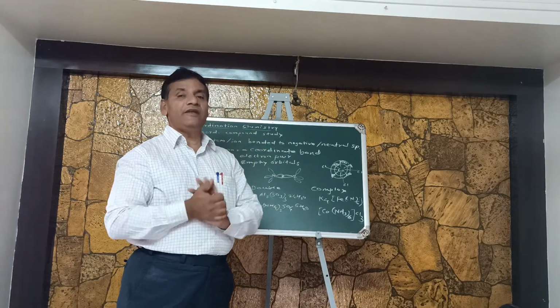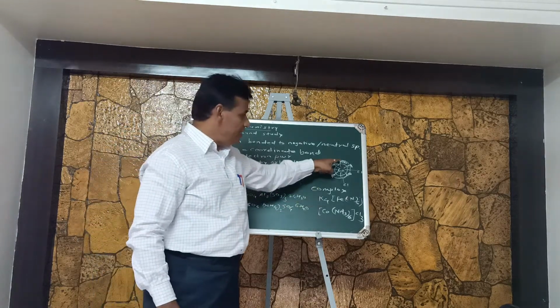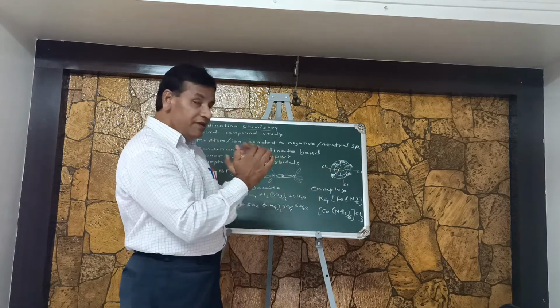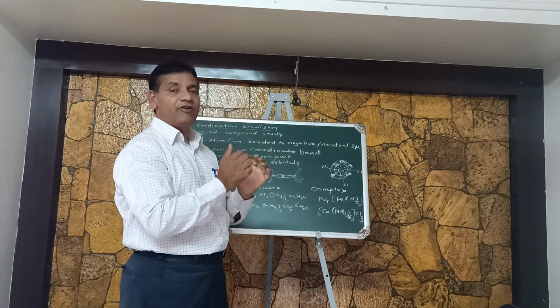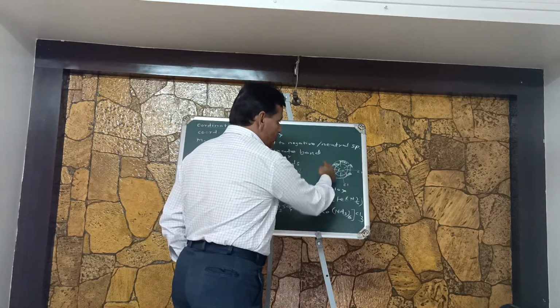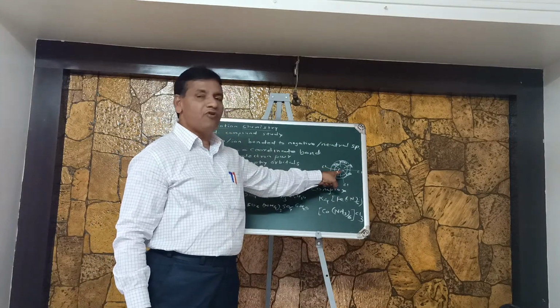These are neutral ligands because ammonia has no charge. So 6 ammonia ligands are bonded to cobalt from the inner sphere. In the outer sphere, 3 chloride ions are present.